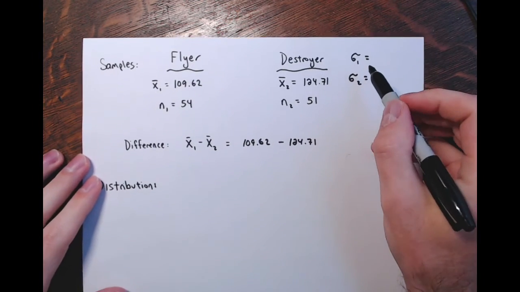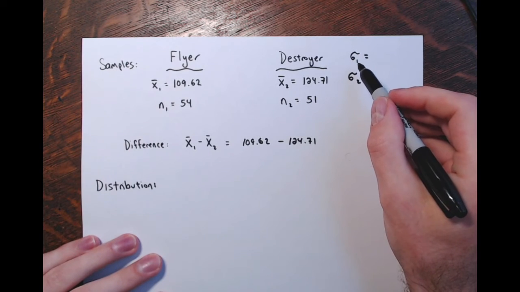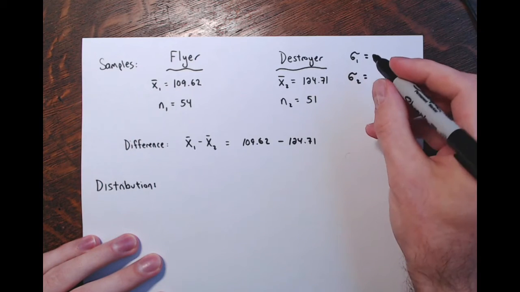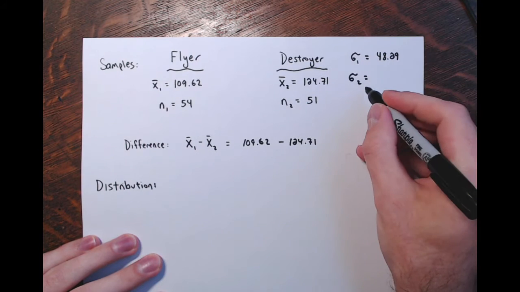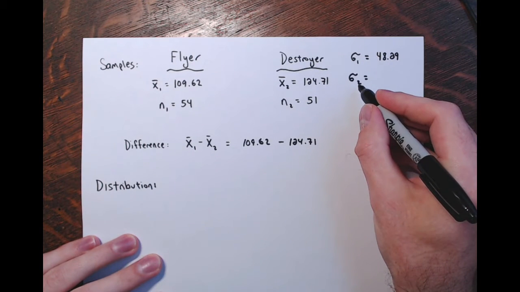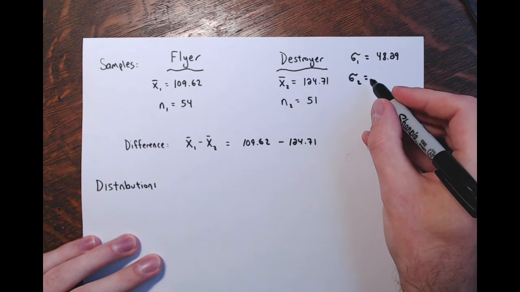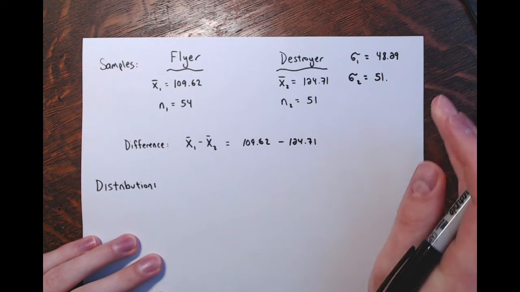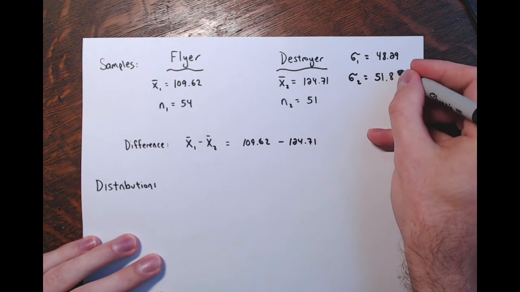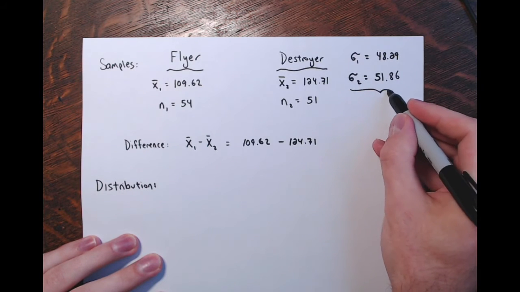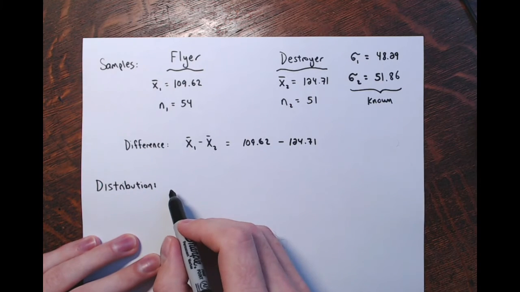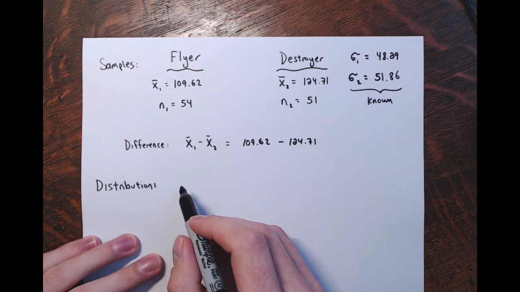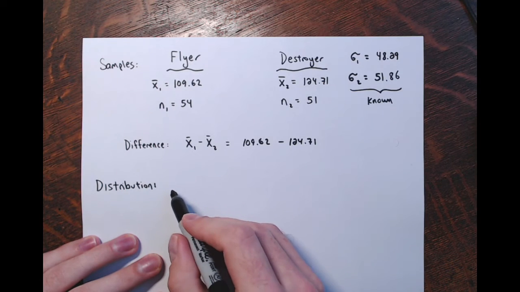She said that on previous data the population standard deviation for the number of riders per hour on the Flyer was 48.29, and the population standard deviation for the average number of riders per hour on the Destroyer was 51.86. Since these are known values, we're going to be using a z distribution, standard normal, or just a normal distribution.